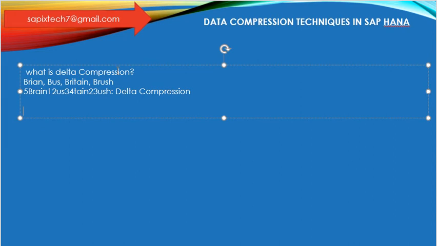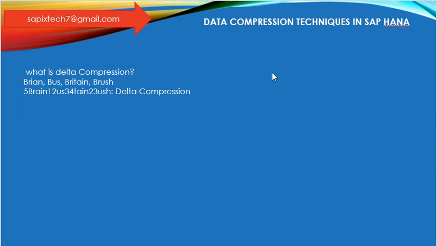Yes, exactly. Once we store any data, it might not be in a sorted format, but internally it gets sorted, and after sorting any conversion works. Dictionary encoding is our default encoding process in SAP HANA.